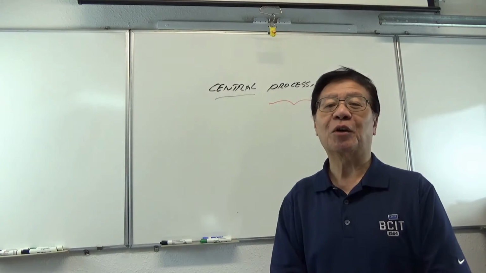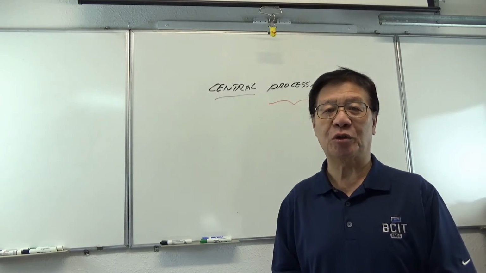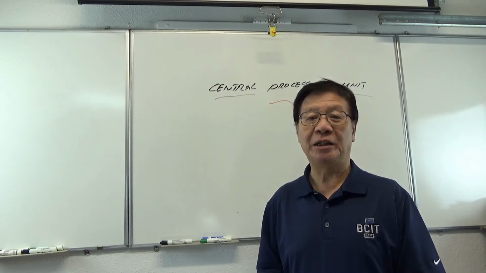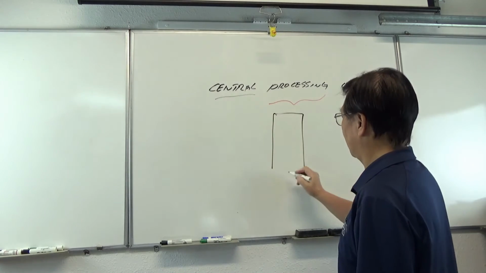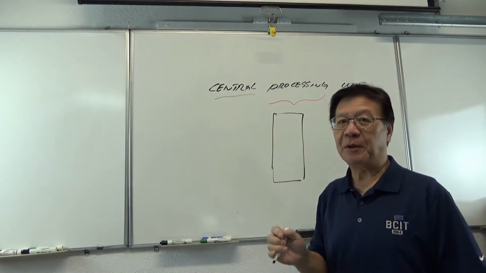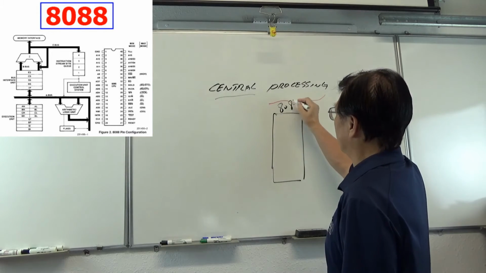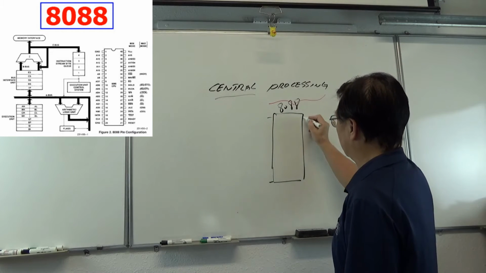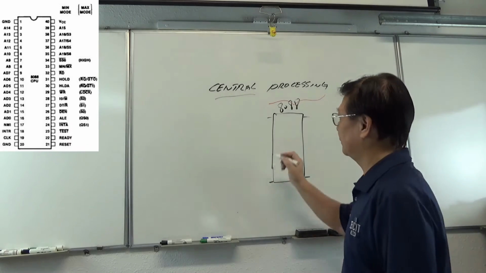So let's take a look at what is the simplest. The first generation of Intel's CPU is called 8088. The CPU is like that. 8088. So we have from here to here, from here to here, 40 pins.